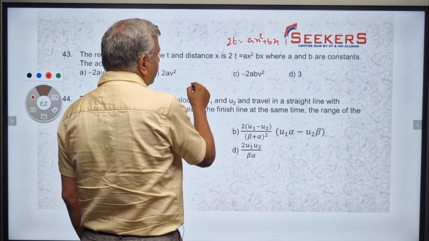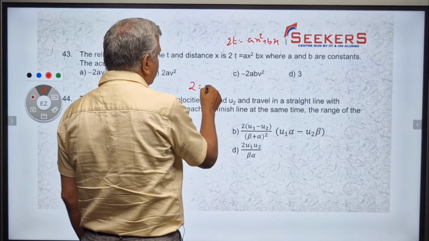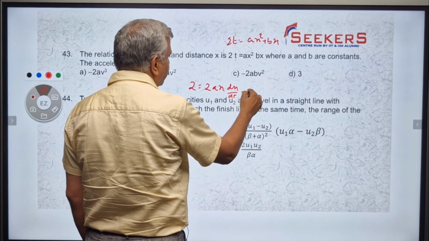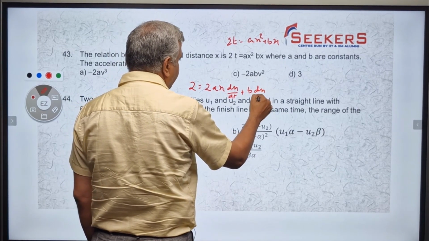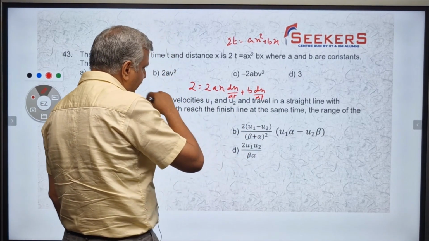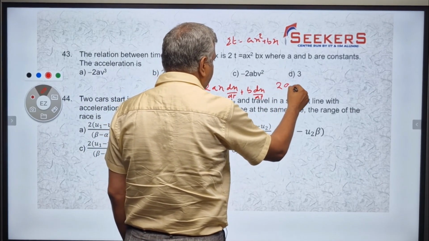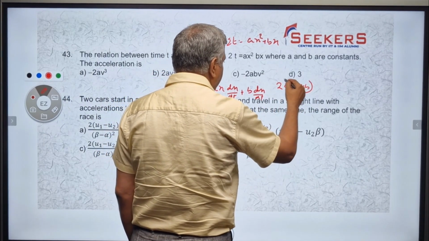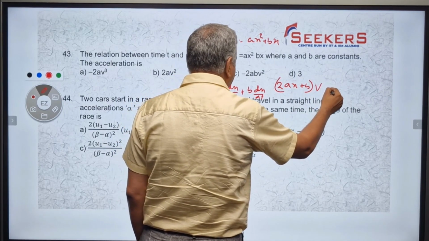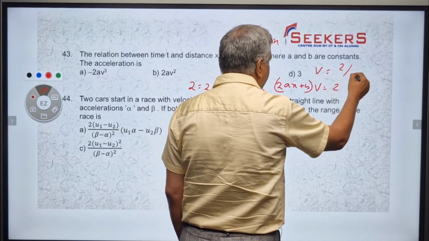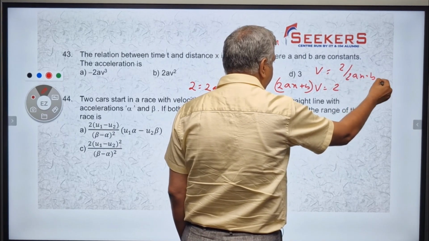So I'll get 2 is equal to 2ax dx by dt plus b times dx by dt, which means that 2 times ax plus b into v is equal to 2, which means that v is equal to 2 by 2 times ax plus b.